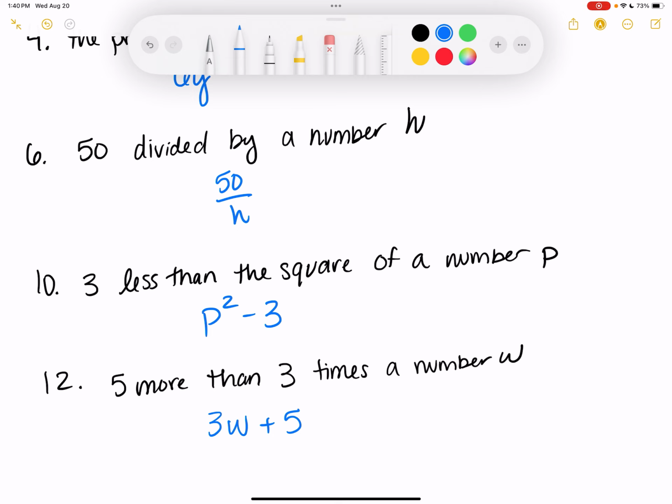So these next couple are going to be more of a situation. They're going to give you more of a life example, and then you're going to write the equation that goes with it.